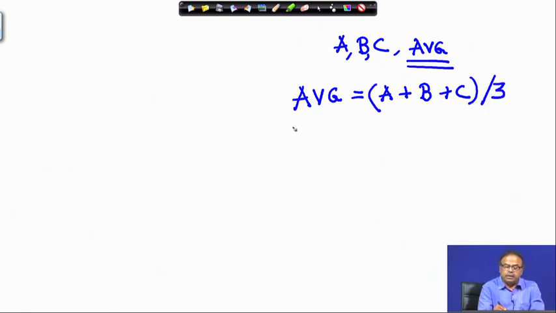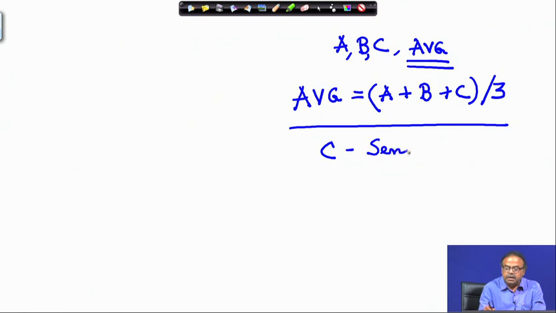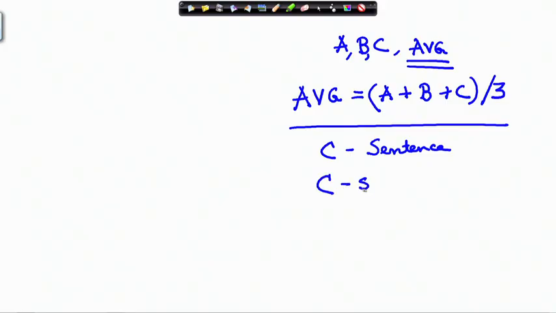Now, this one I can call a C sentence. I am saying sentence just so that you can have an analogy with our English, but we will call it a C statement, all right. And this C statement consists of several things.